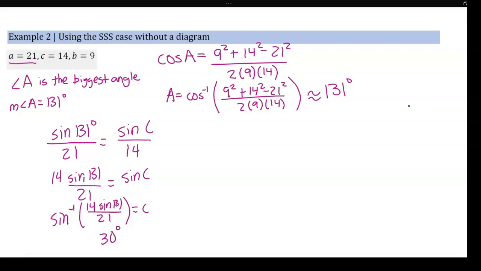So now we know the measure of angle C is equal to 30 degrees.